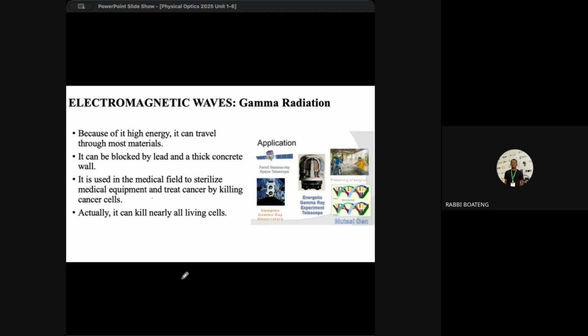Any questions so far with the radiations before I move to the light-matter interaction? Does it mean we are all okay so far? Yes, sir. Yeah, please, just a quick one. You said the gamma ray can be used to generate electricity. Yes.